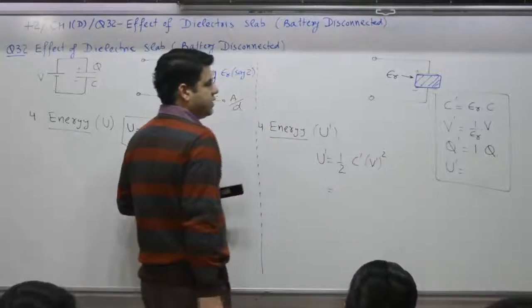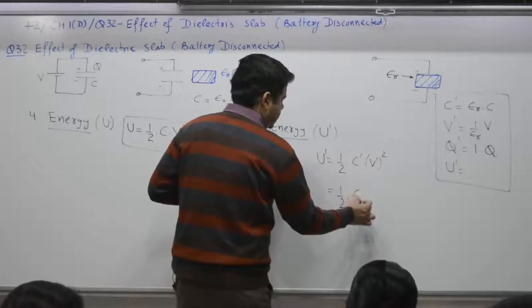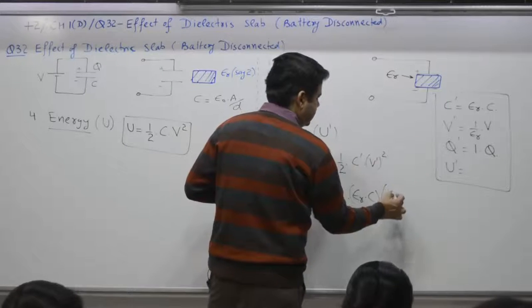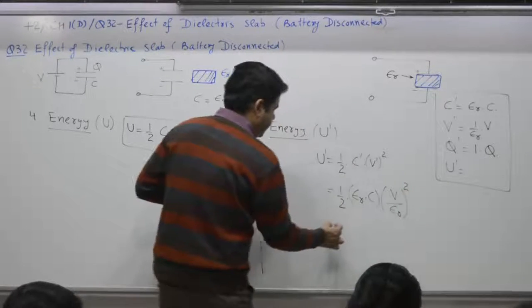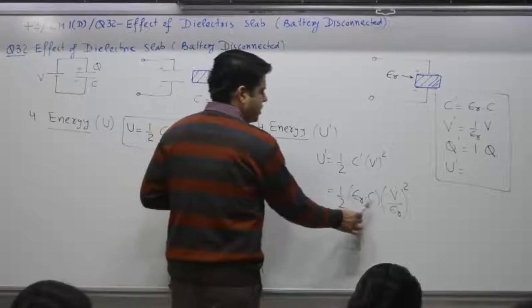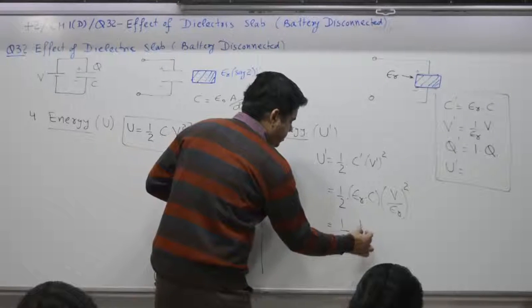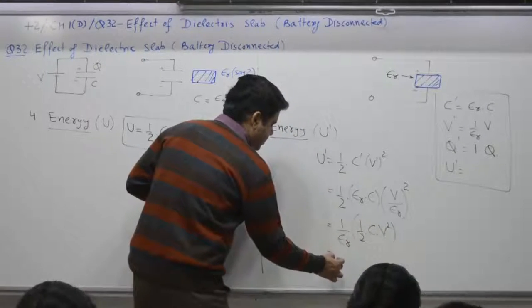C dash is how many times? Epsilon R times. C dash is epsilon R times. Voltage V dash is 1 by epsilon R times V. So this is epsilon R, this is epsilon R square. 1 by epsilon R, 1 by 2 CV square is equal to what?